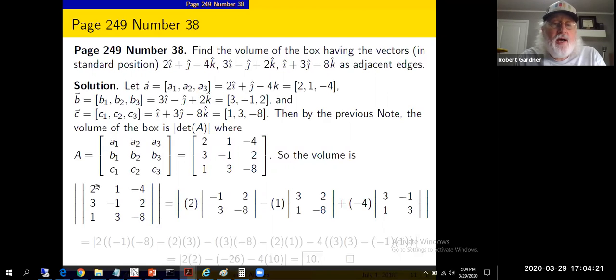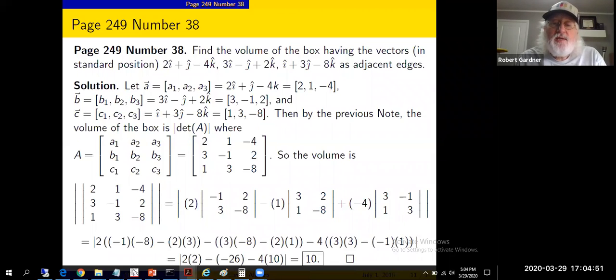Eliminate the row and column containing entry 2, leaves you with -1, 2, 3, -8. There you go. Minus 1, eliminate the row and column containing the 1, leaves you with 3, 2, 1, -8. Plus this entry, eliminate the row and column containing it, leaves you with 3, -1, 1, 3. There you go. And crunch the numbers.